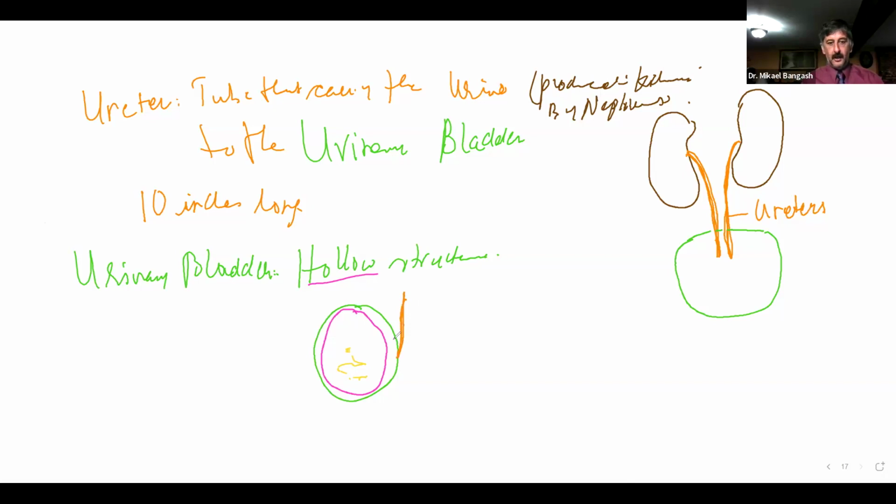Now, if this was a side view or a lateral view of the urinary bladder, what you will see is that during its last course, the ureter runs posterior to the urinary bladder. Is that clear?